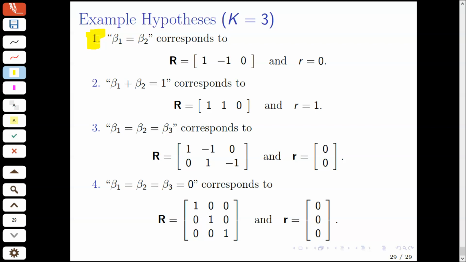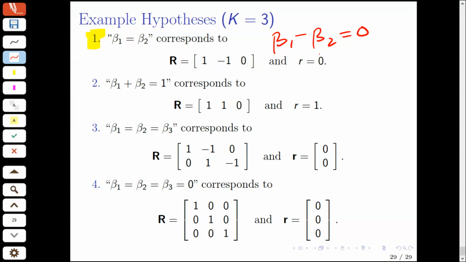That's just one restriction, so the R matrix is just a single row vector, and we can rewrite the hypothesis of equal coefficients as a hypothesis of their difference being 0, such that all we need to do is use an R matrix of 1, minus 1, and 0, and a right-hand side of the scalar 0, since we only have one restriction.